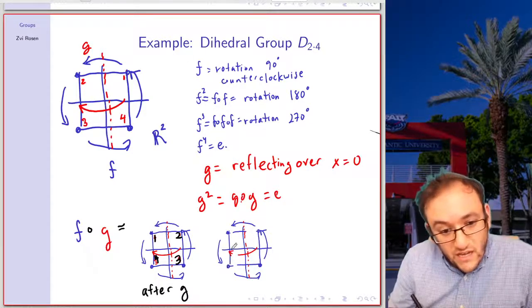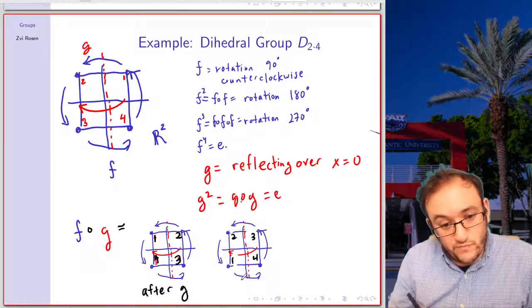After rotating counterclockwise 90 degrees, we'll get 1, 4, 3, 2. Okay?